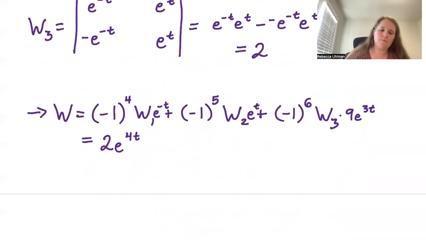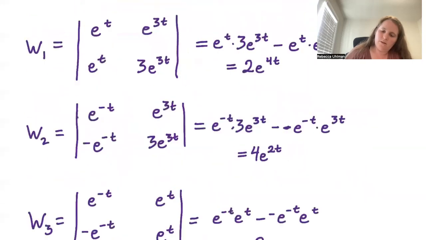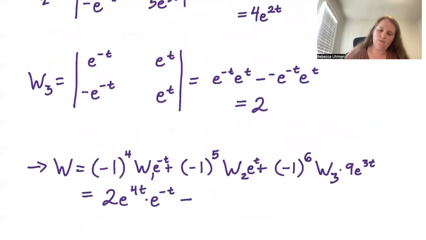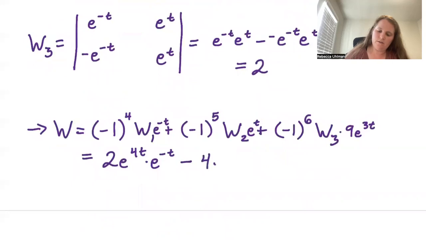So this becomes 2e to the 4t times e to the -t for that first term. -1 to the 5th is negative, so we're subtracting off 4e to the 2t times e to the t. -1 to the 6th, we're now adding on 2 for W3 times 9e to the 3t.